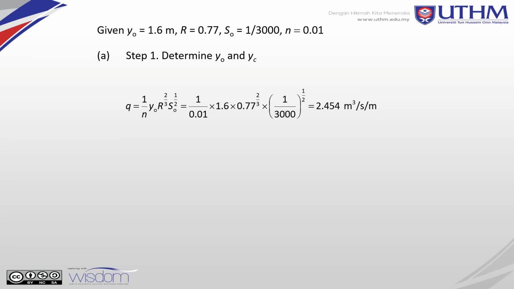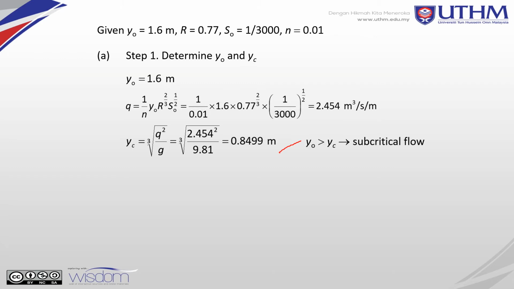Step 1, determine Y0 and YC. Y0 is 1.56 meter. So you get the q is 2.454 meter cube per second per meter. And you get the YC. Okay, Y0 more than YC, so you get a subcritical flow.